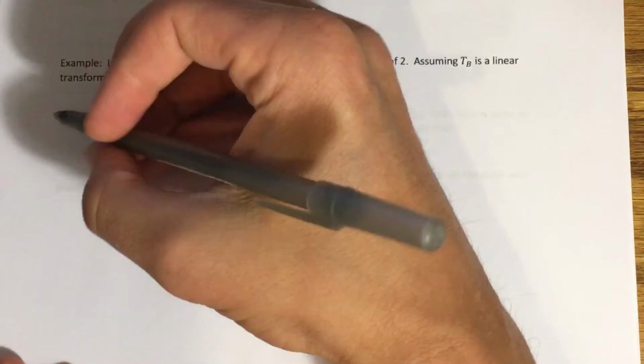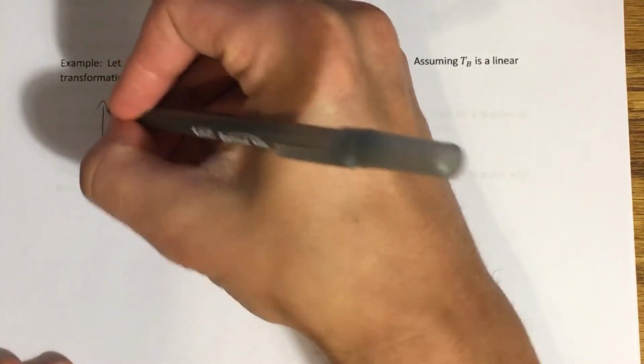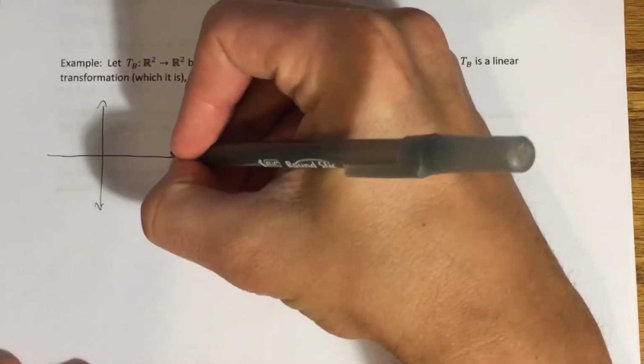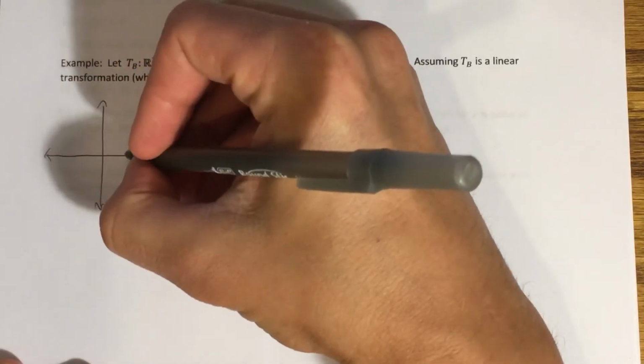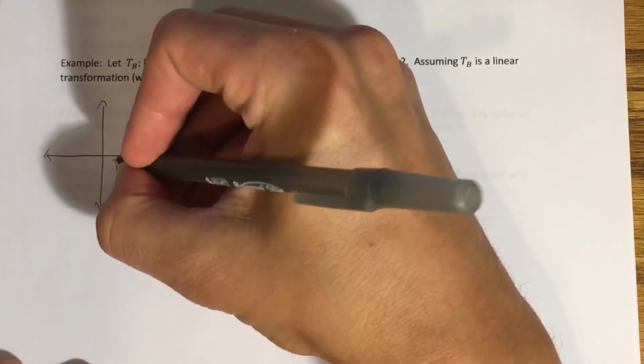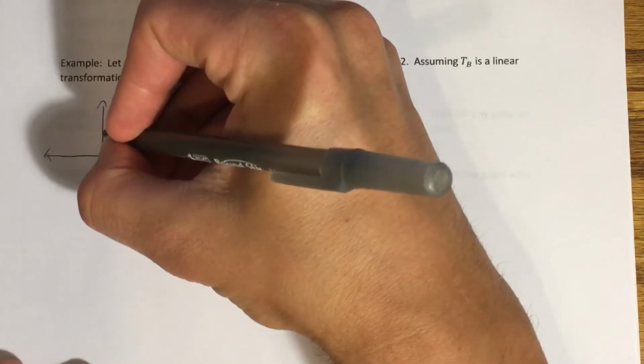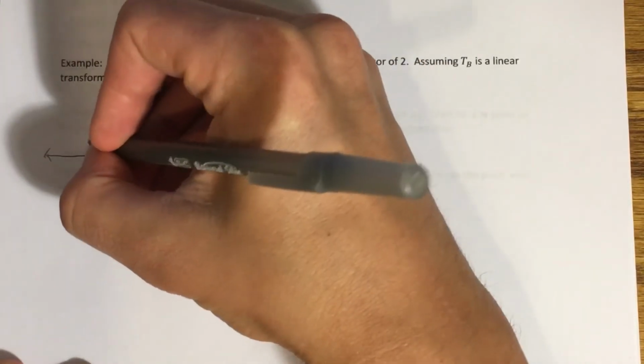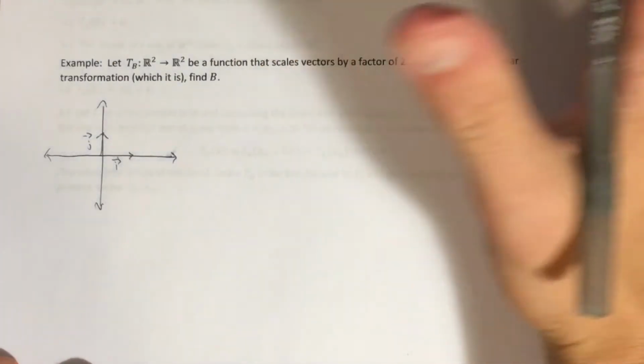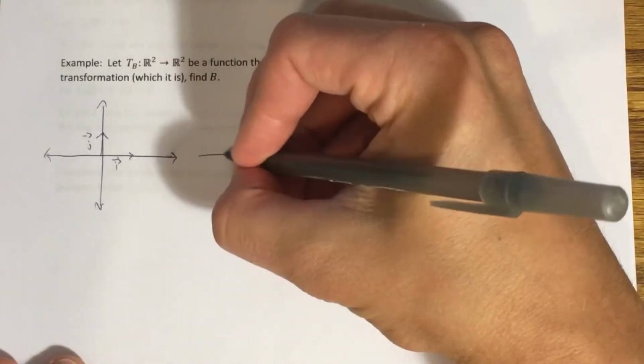So same idea, I want to take a look at my standard basis vectors, I and J, and I simply want to double their size.